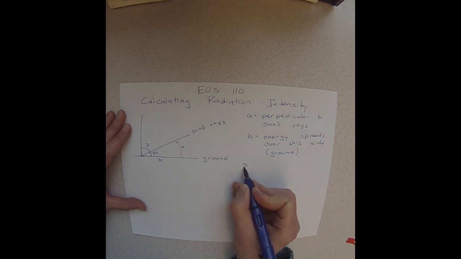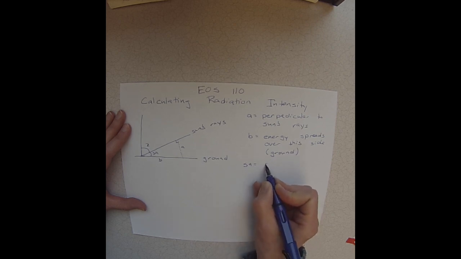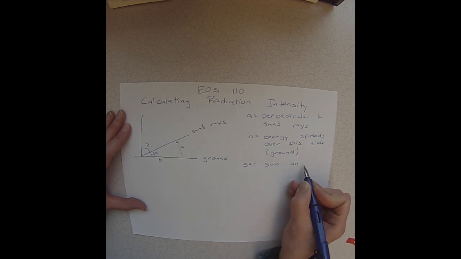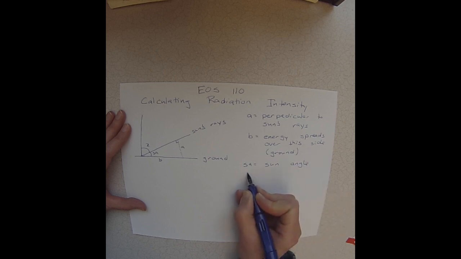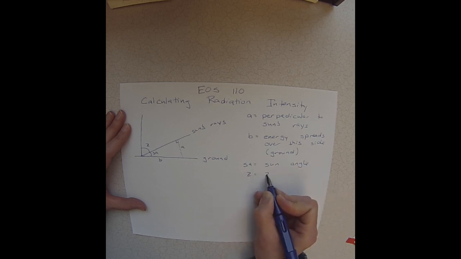We have our two angles to worry about: SA is the sun angle, and Z is the zenith angle.